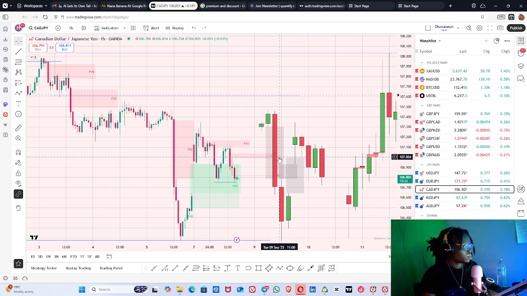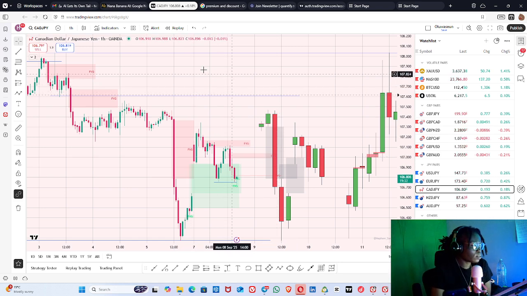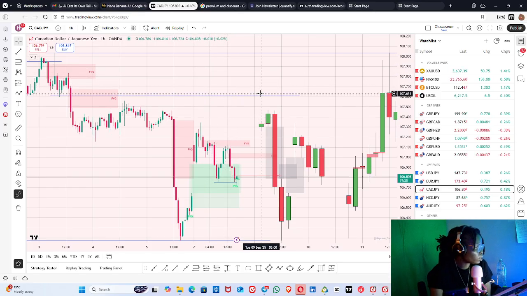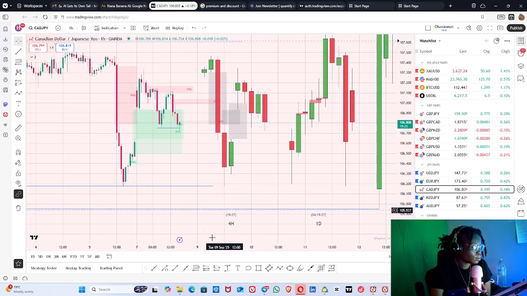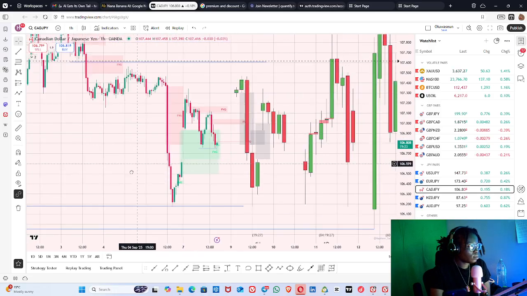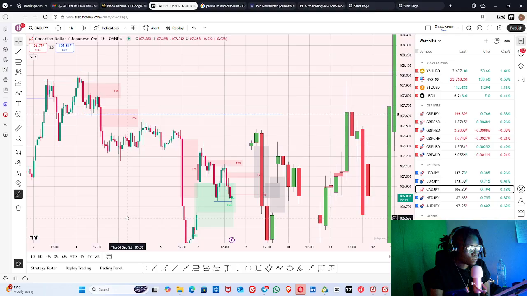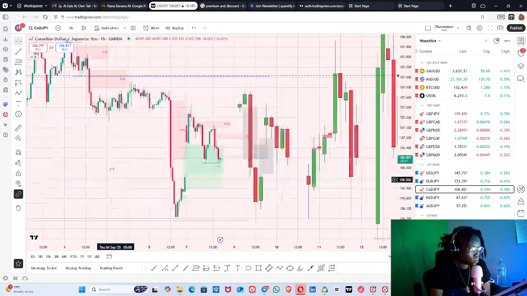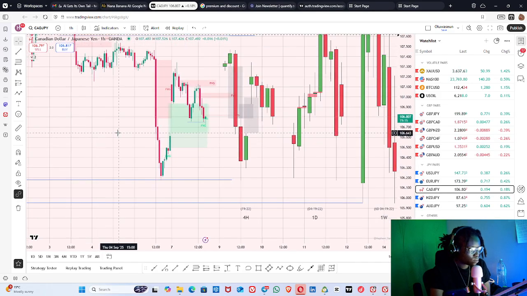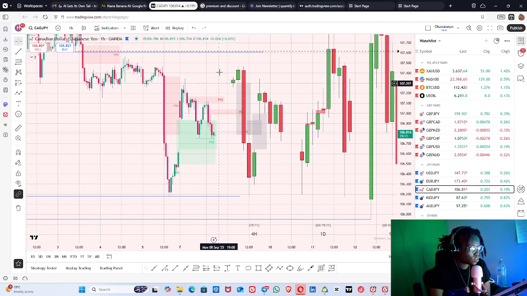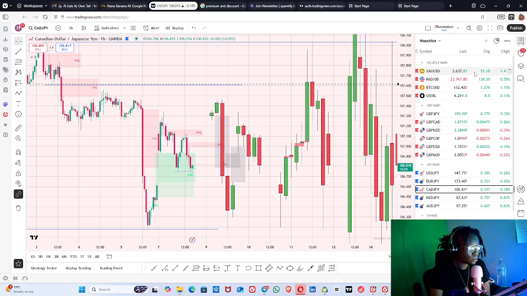So I'm expecting price to tap into the zone right here. I've set an alarm for price to go back to that area.